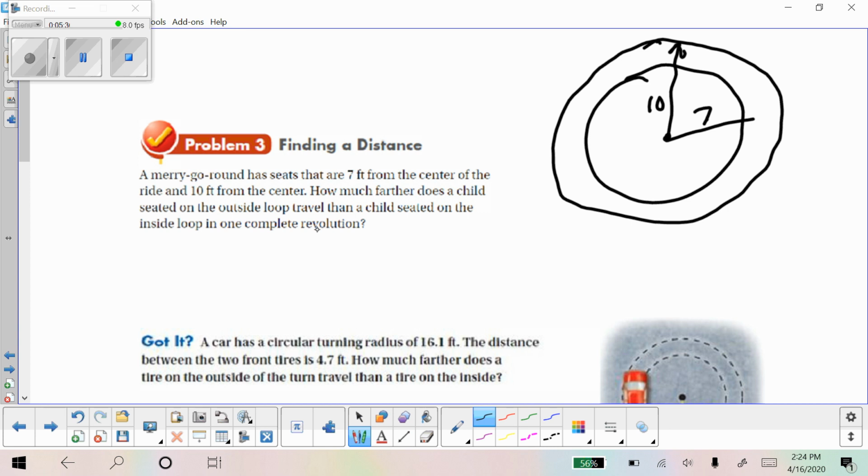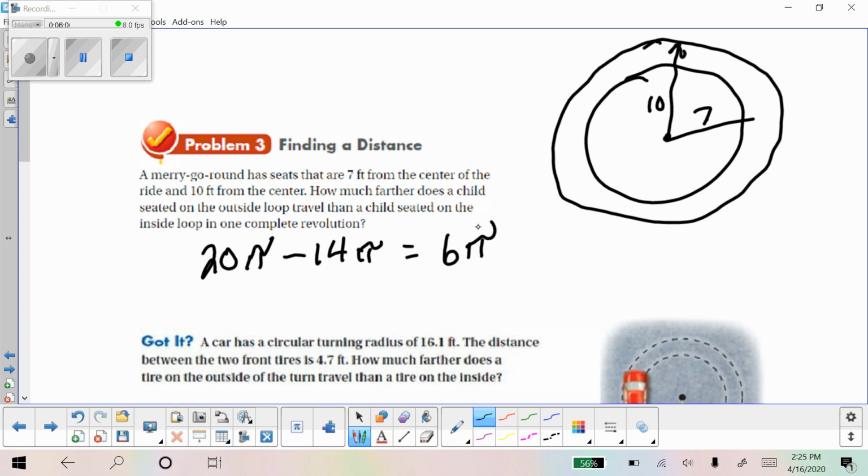On the outside, a child would travel the diameter, which would be 20 times pi. On the inside, a child would travel the diameter, which is 14 times pi. I'm doing the circumference. If we subtract those two, we know how much further one goes. That'd be 6 times pi.